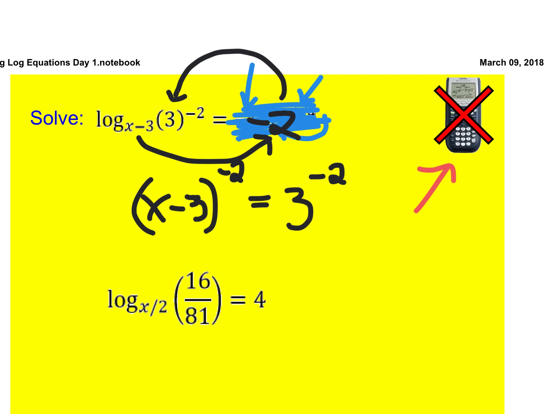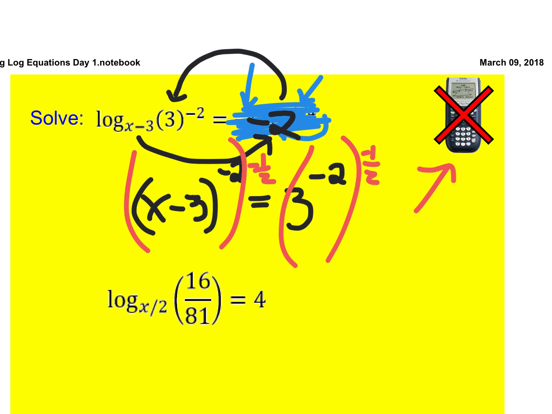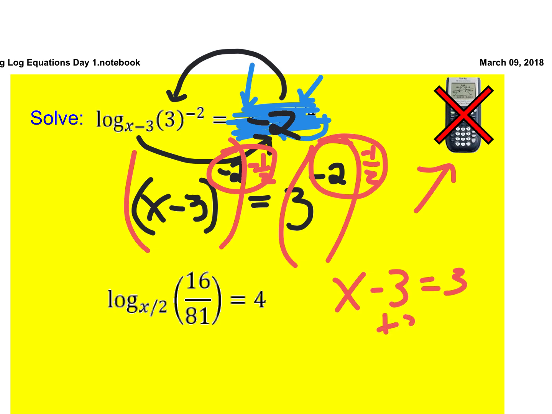If they're both to the negative 2 power, can't I just cancel that off really quick by putting them both to a certain power that'll make that negative 2 go away? If I put them both to the negative 1/2 power, that'll kill off those powers. And then it's just x minus 3 equals 3. Because see, that and that make 1. And then add 3, final answer, x equals 6.